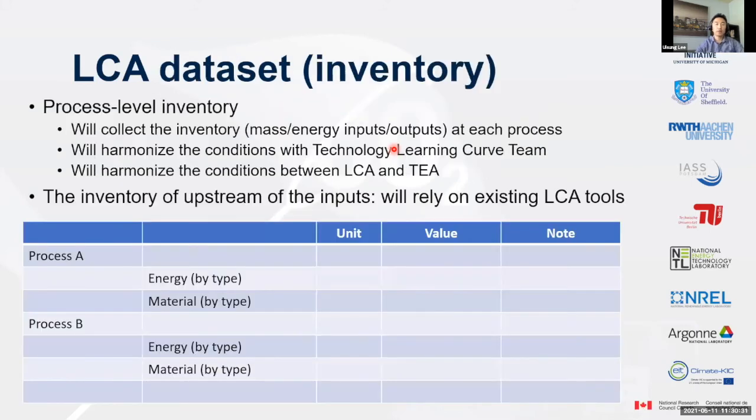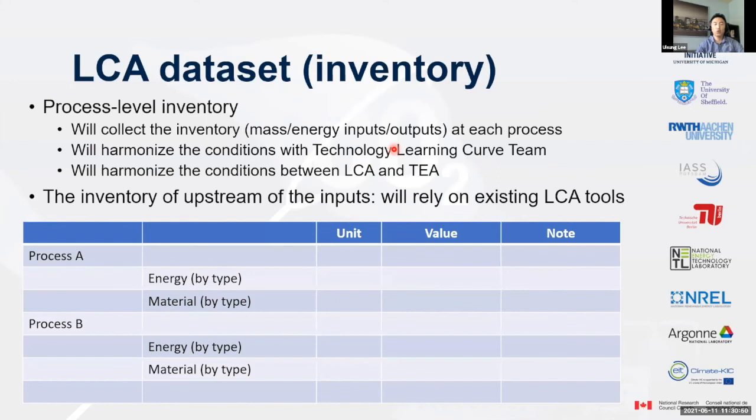The LCA data sets are also an important part, and we may need a process-level inventory. So we are going to collect the inventory at each process, but the important factor is the harmonization among the team and the debate among the team.